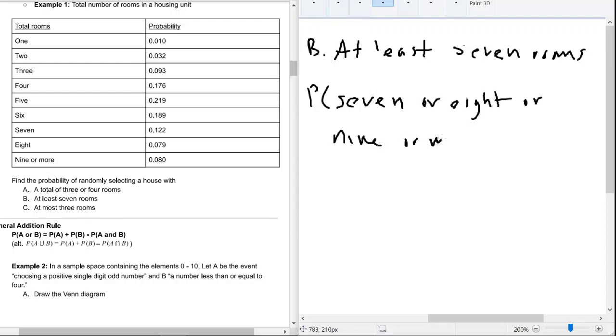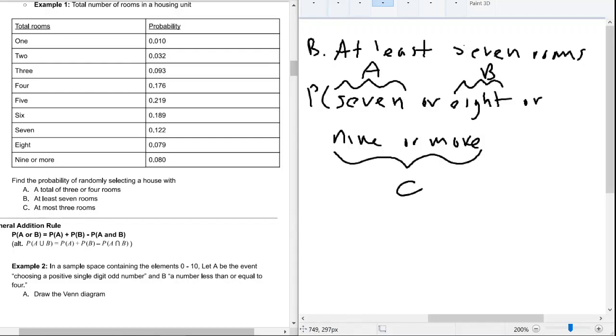Notice how the data concludes with the 9 or more as the last event here. So if I call this event A, event B, and this entire thing event C, then we have the probability of A or B or C.